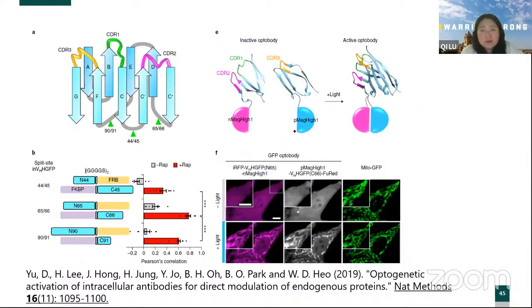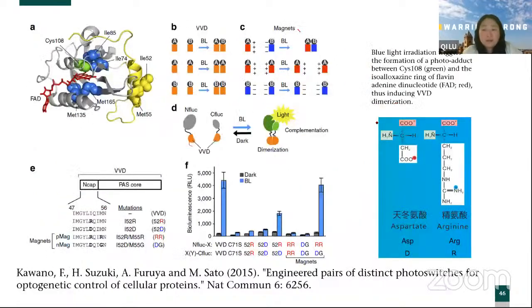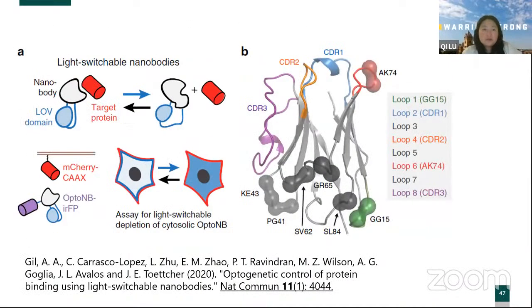So it's like a magnet where you have a P and an N, and these two bind together to form an intact chromophore. Last year there was an update of this optobody that uses a LOV domain, including nanobodies, so it can bind to the target, an mCherry fluorescent protein.